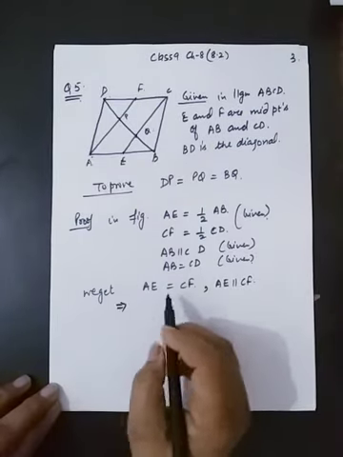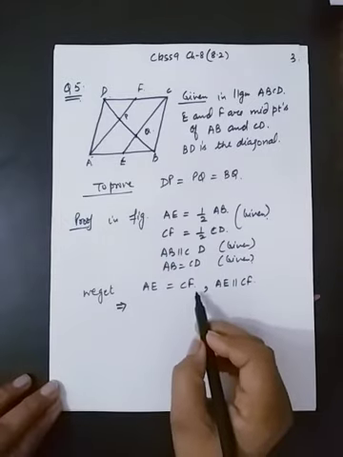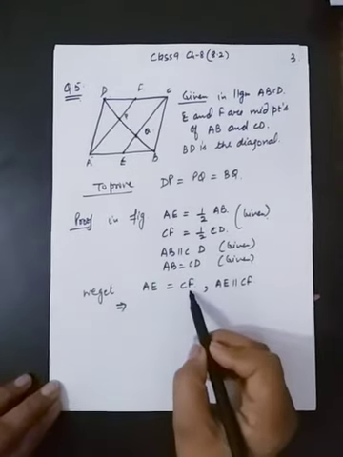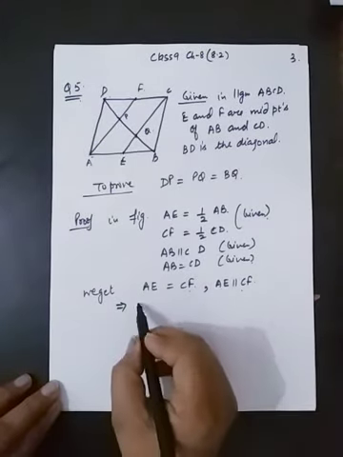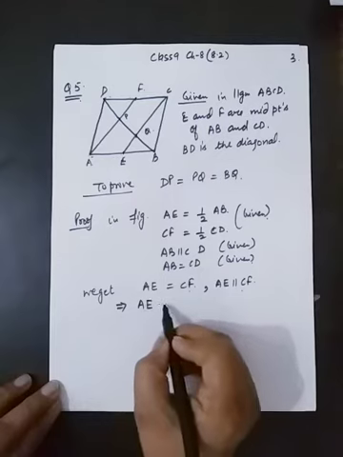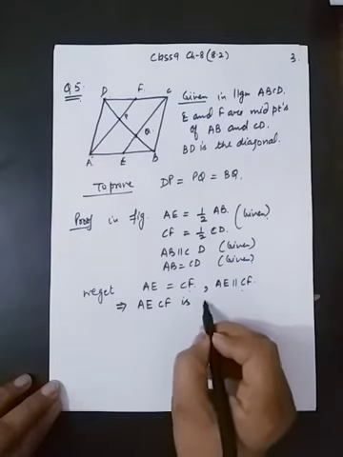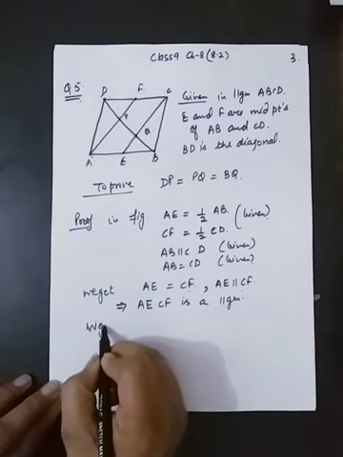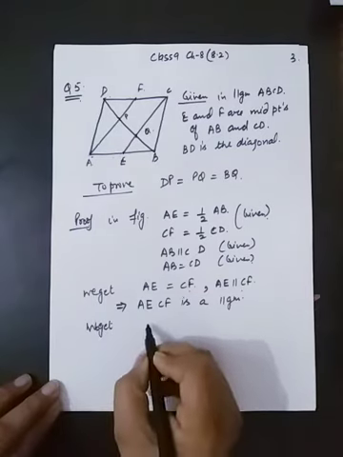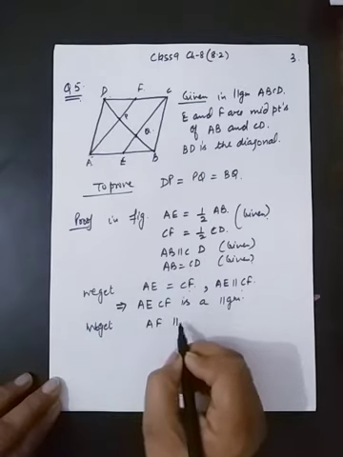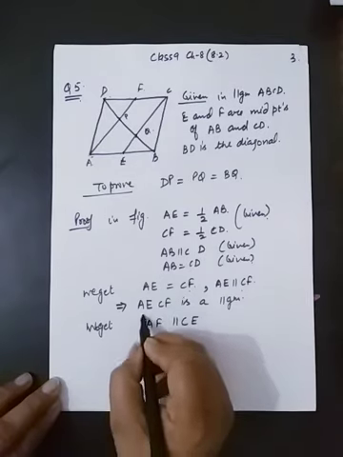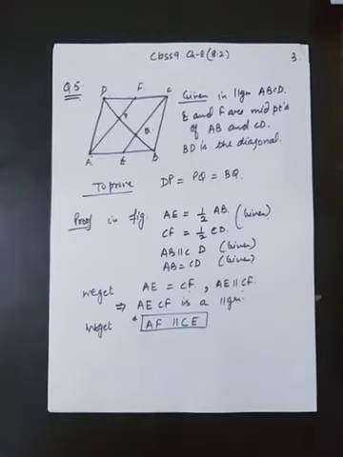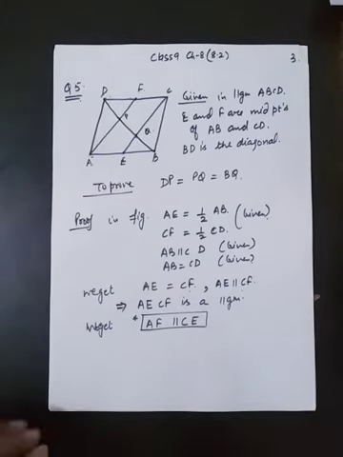And because one pair of opposite sides of quadrilateral AECF is equal in length and parallel, this gives you AECF is a parallelogram. So we get AF parallel to CE. This is the most important result of this question. It will be used for the further steps.